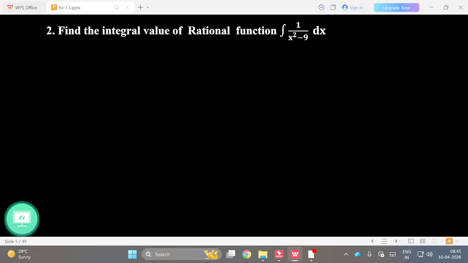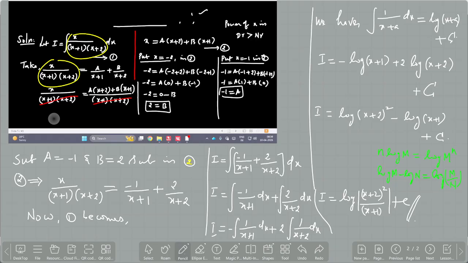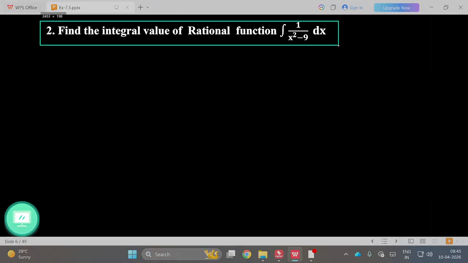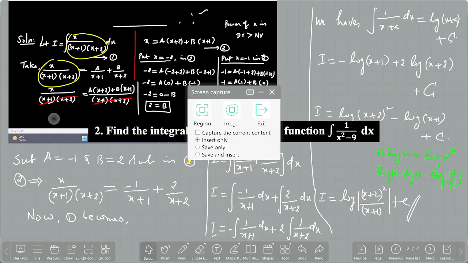Question number 2. What is 2? Next page.